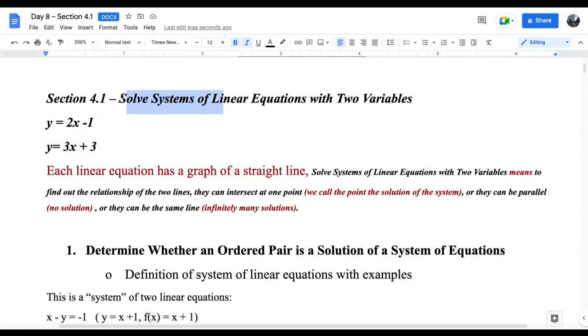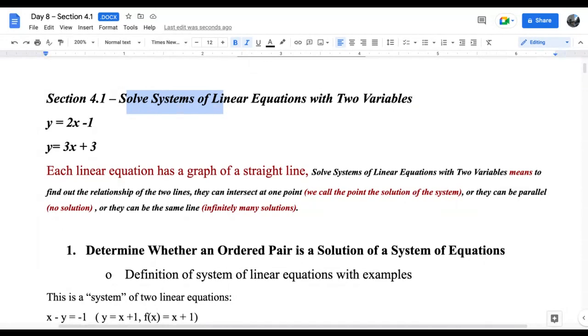What does it mean to solve a system of linear equations? Think about two lines that could intersect. If they do intersect, they could intersect at one point, or maybe they overlap. When they overlap, every point intersects with another. So they're the same line, which means there are infinite solutions.